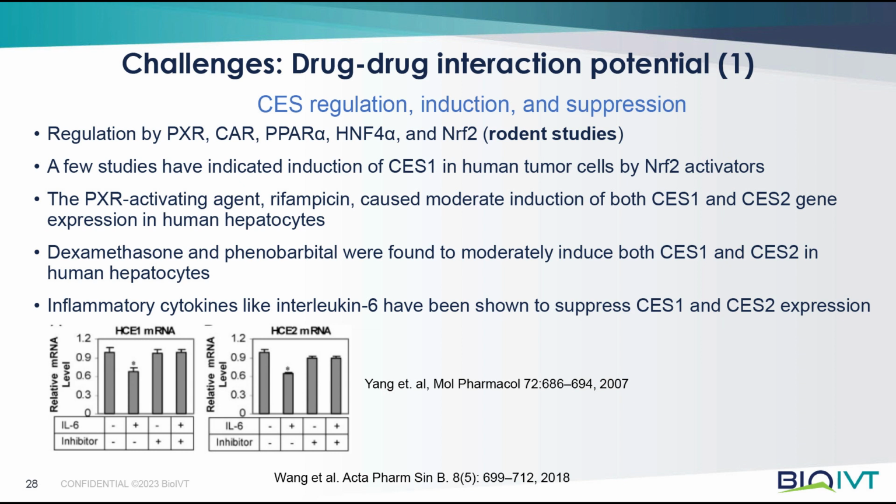This holds true also with carboxylesterases, apparently. This study showed, even though it looks minimal, it is significant, that when you're in the presence of IL-6, you get significant suppression of both carboxylesterase 1 and 2. And so that may have an effect especially if you're in a disease population that has high levels of IL-6, for instance.